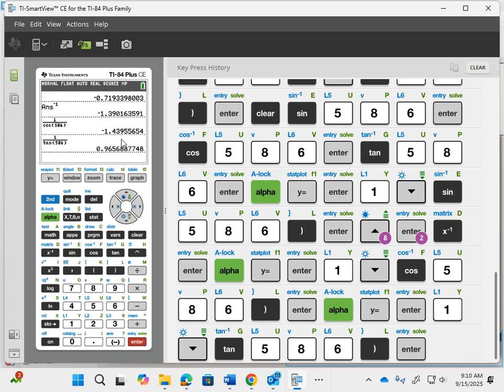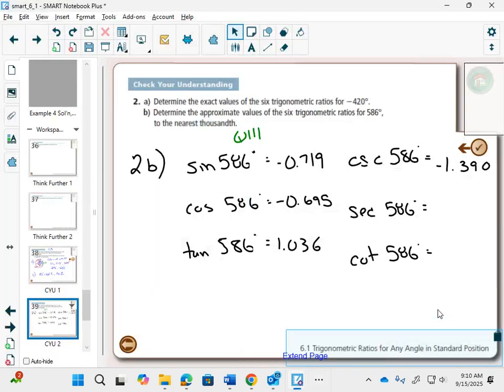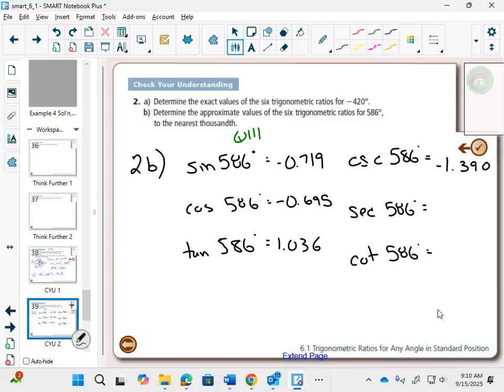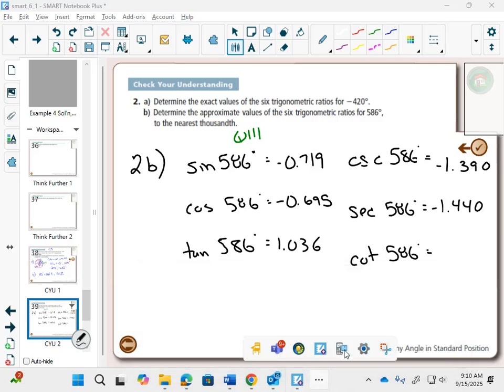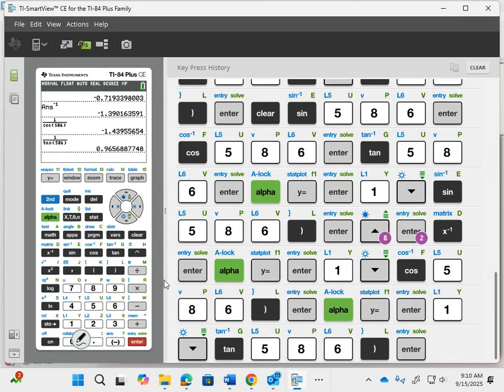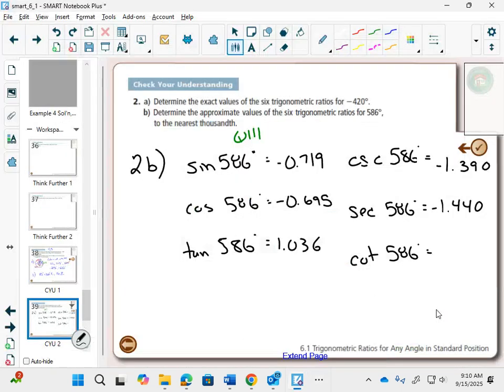That 5 would round this 9 up and make it a 0, so rounding will be negative 1.440. And the tangent value, or sorry, positive 0.966.